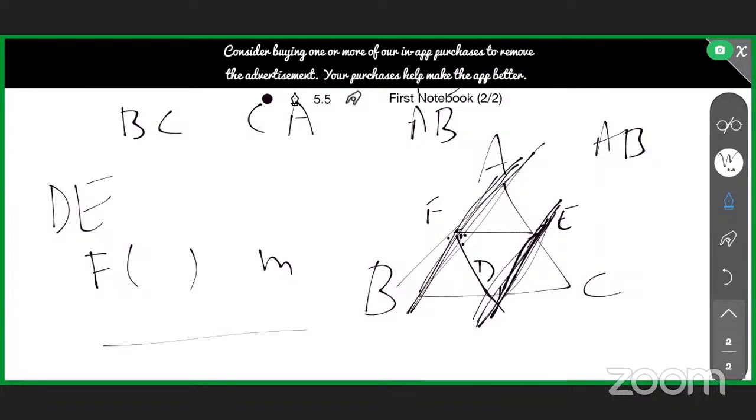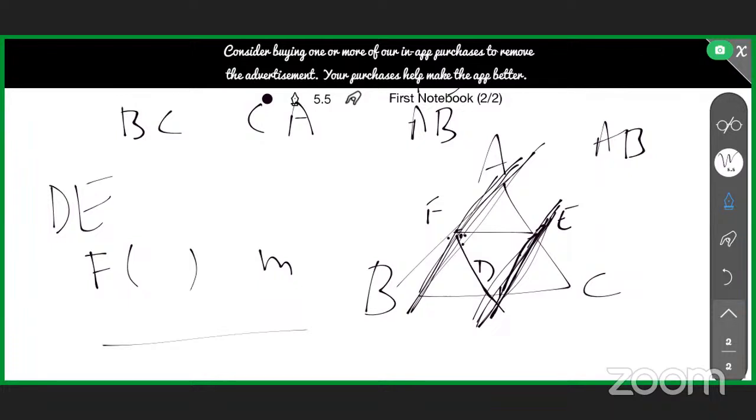So, 1 by 2. Slope is 1 by 2. Is it sure? I am asking the slope of DE. D is the midpoint of BC and E is the midpoint of CA.